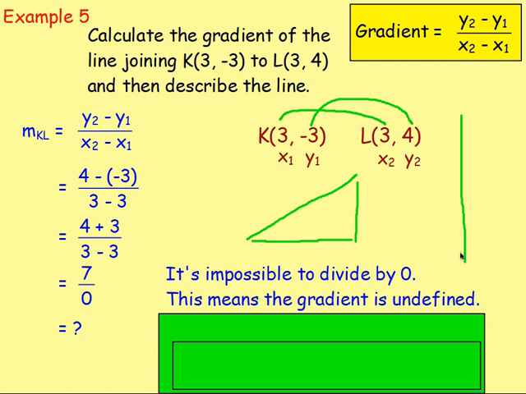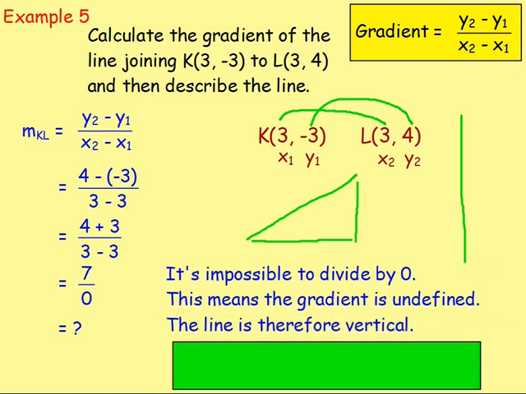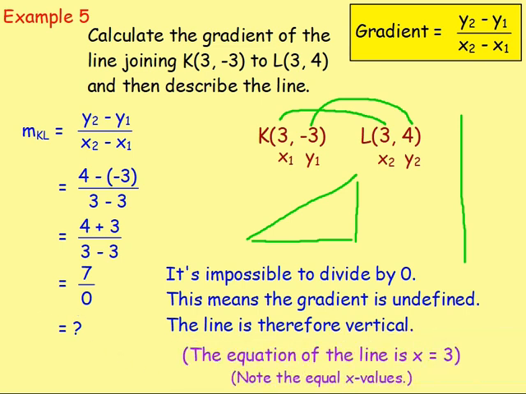It can't be done. For every 1 unit we're coming along, we don't have any height because we're not moving along to begin with. So the line is therefore a vertical line. If you end up with something divided by 0, it can't be done. The gradient is therefore undefined, and it means the line is vertical.